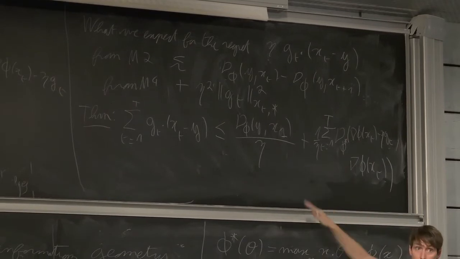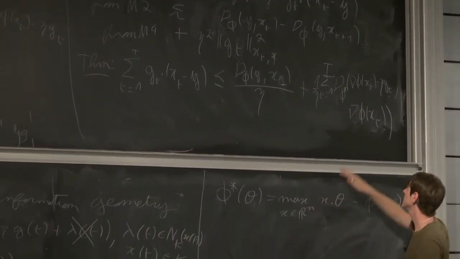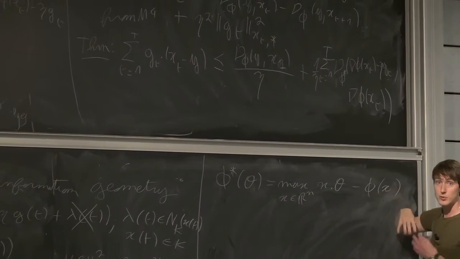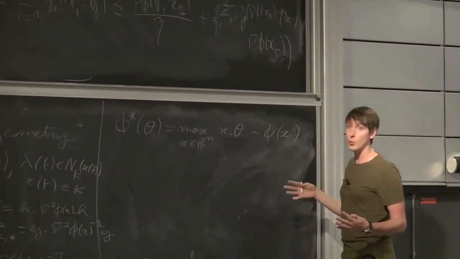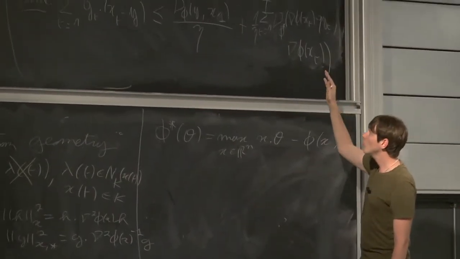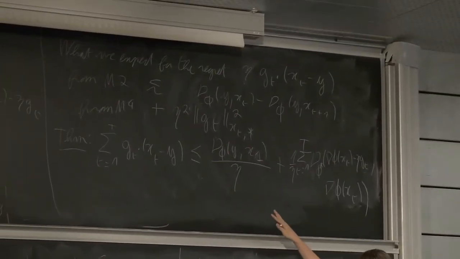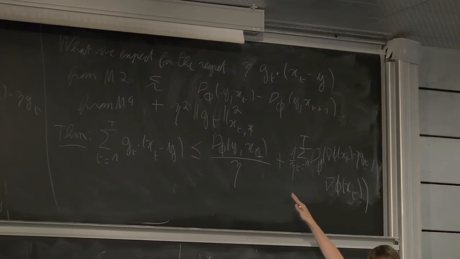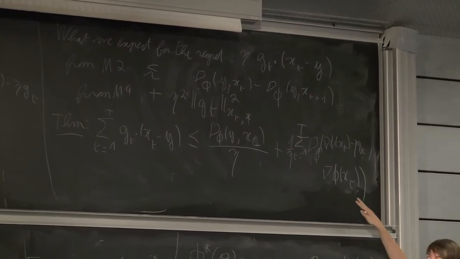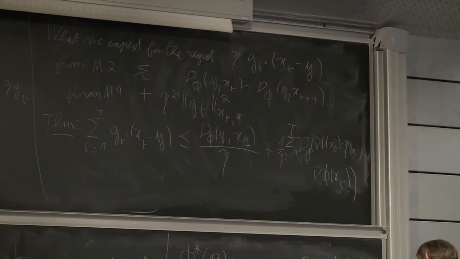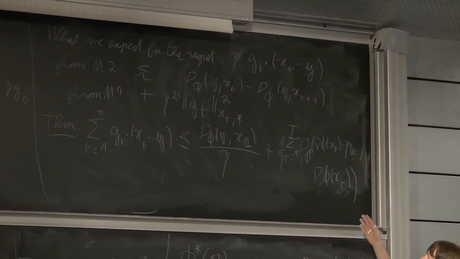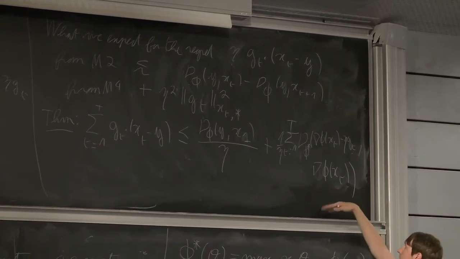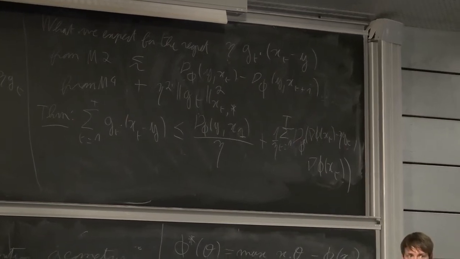There was a range term, the size of the set over which you're optimizing, and there was a variance term, which was the sum of the Euclidean norm squared of the gradient. So now all we have done is that we have a range which is not just the radius in Euclidean norm of the set, but it's a Bregman radius. And the variance term, instead of being those Euclidean norms, they are those local dual norms. Okay? And here, instead of local dual norms, we have this Bregman divergence.